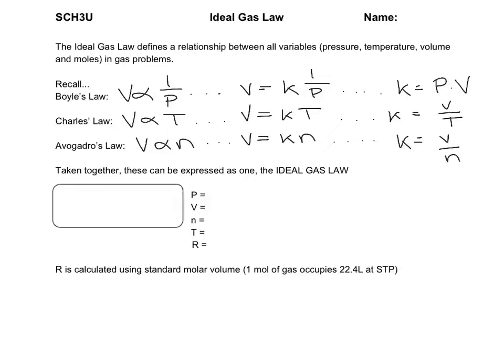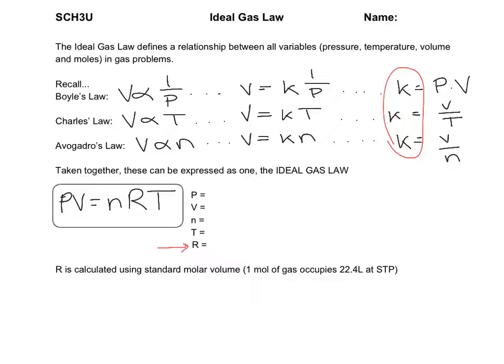So I could set all of these K values as my ideal gas law, and we're going to call this constant R. We're just changing the letters to make things really exciting here. So when I put it all together and rearrange, I can set this as PV equals nRT.